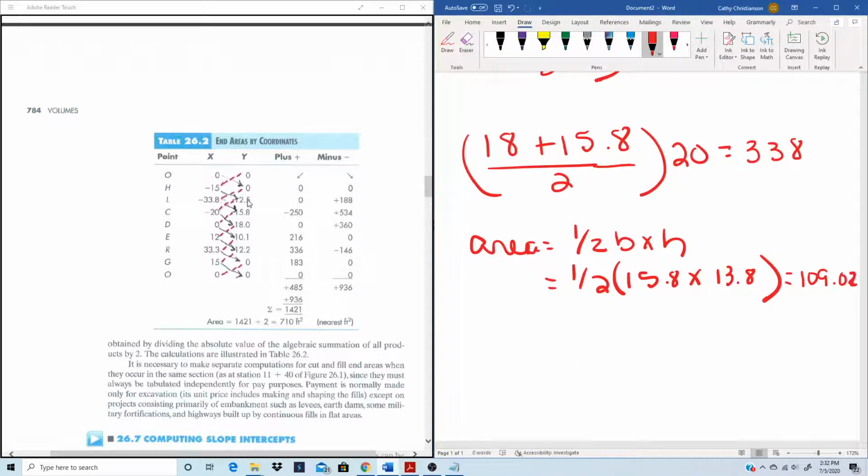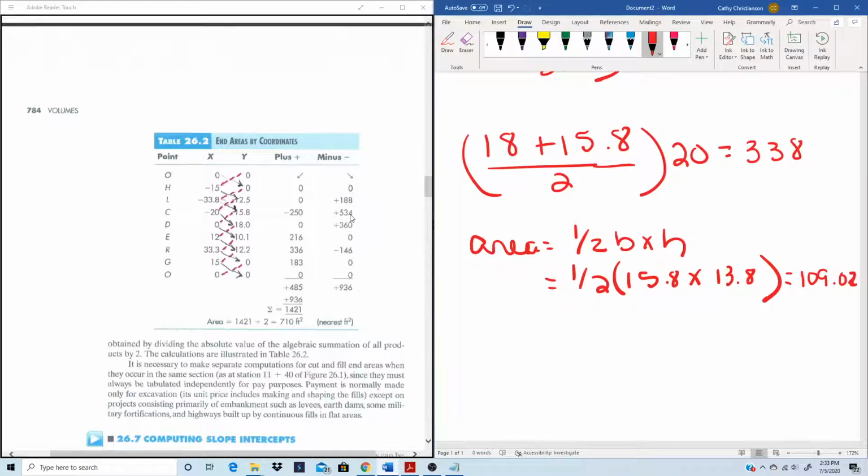Well, because they say it's a minus, they're saying a minus and a minus is a plus. So they said a negative 15 times a 12.5, and I got a negative 187.5. They went ahead and did a negative and negative. Negatives minus would make it a plus 188. The next one would be a negative 33.8 times your 15.8. And that would make it a positive.